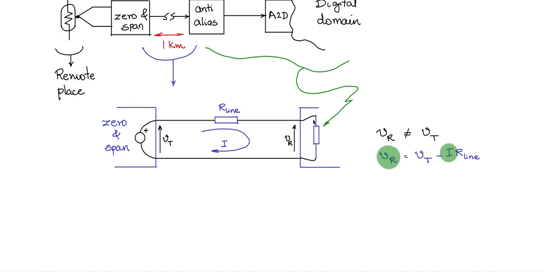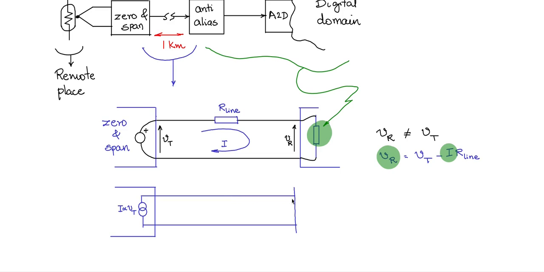So the trick is to convert this voltage source into a current source I, which is proportional to Vt. So you do a voltage to current conversion, and then push this current along the long line into the other end, the receiving side, which is some load, let us say.